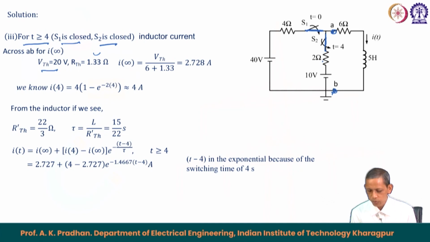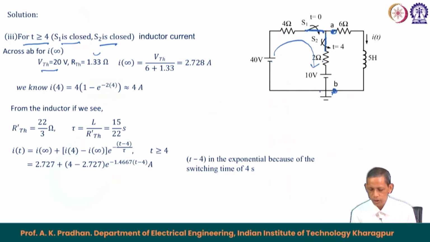This 40 volt source circulates a current through this. So, 40 minus 10 will be 30 volt, 30 divided by 4 plus 2, which is 6, so 5 ampere current flows here. So, 40 minus 5 into 2 gives you the voltage across here.